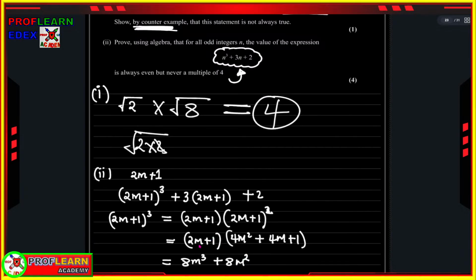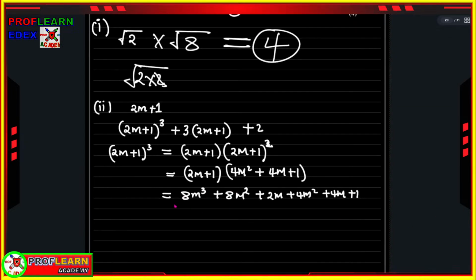Then 2m times 1 will be plus 2m. Now I'll be multiplying 1 times 4m squared, that will be 4m squared. 1 times 4m will be plus 4m, then plus 1. Then now I'll put the like terms together. 8m cubed.